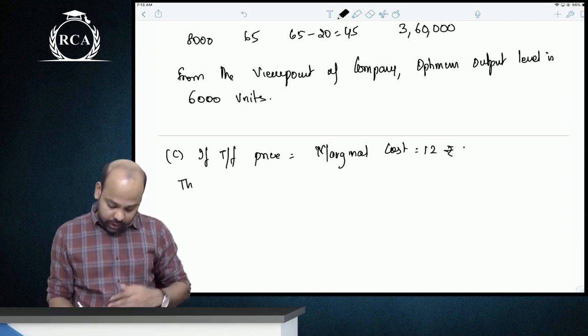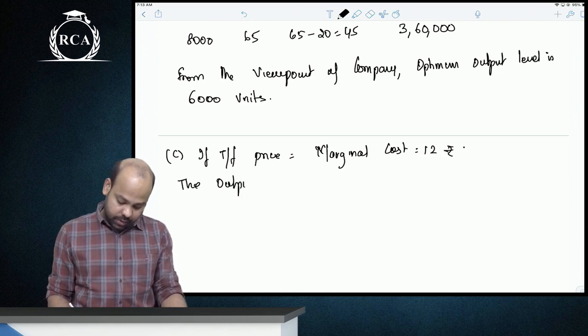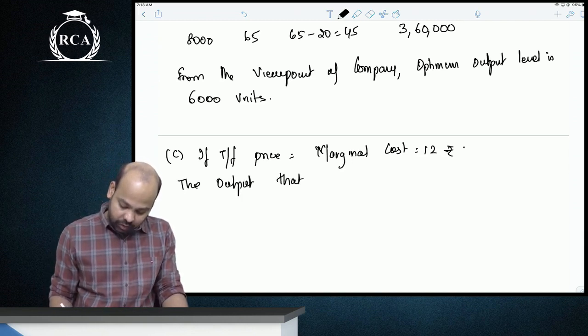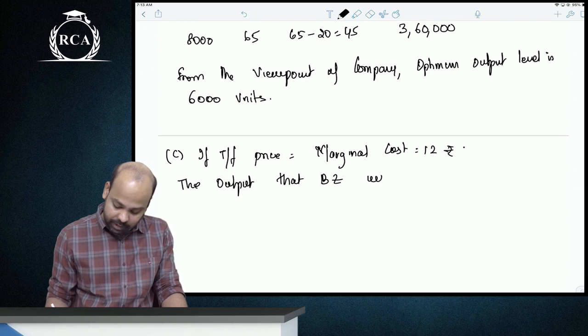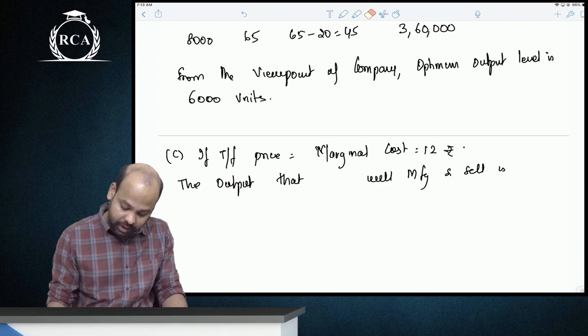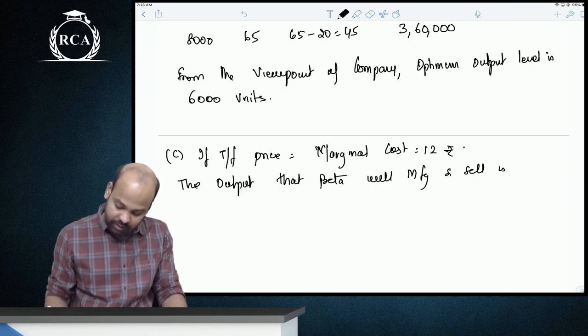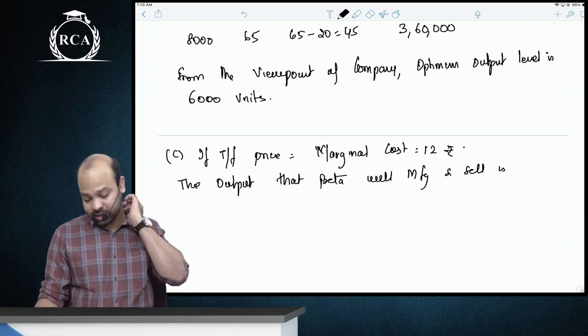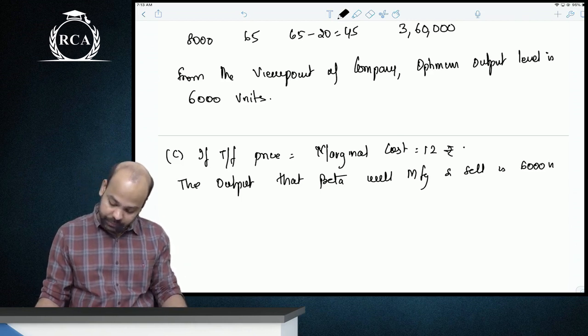The output that BZ will manufacture and sell is 6,000 units.